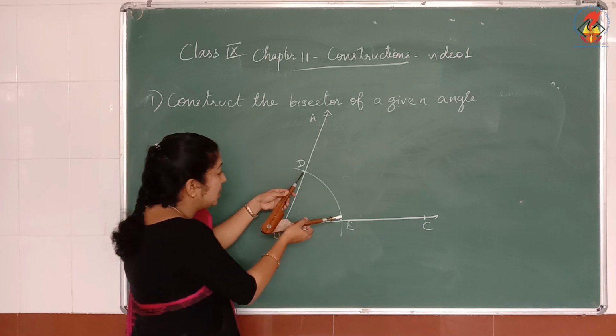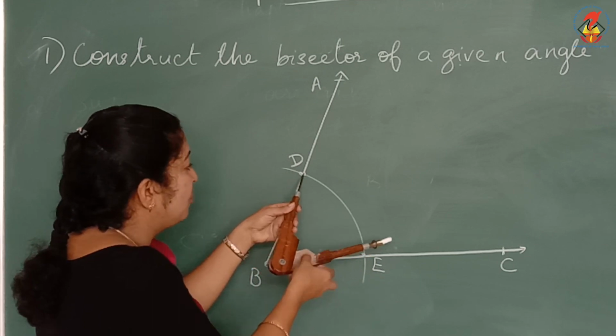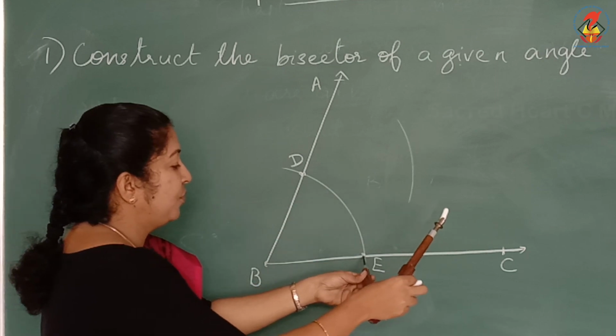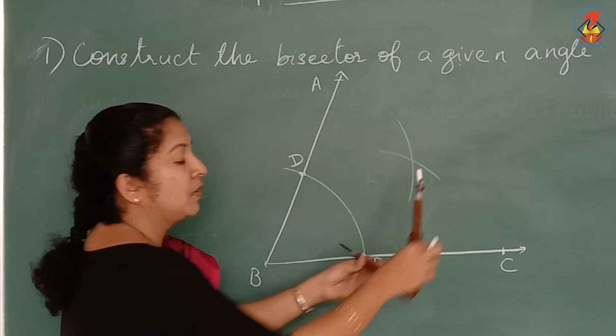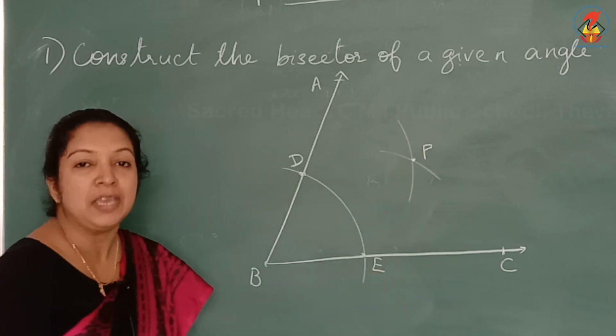So take more than half of DE and draw an arc from D and from E. Mark the point of intersection of these two arcs as P.